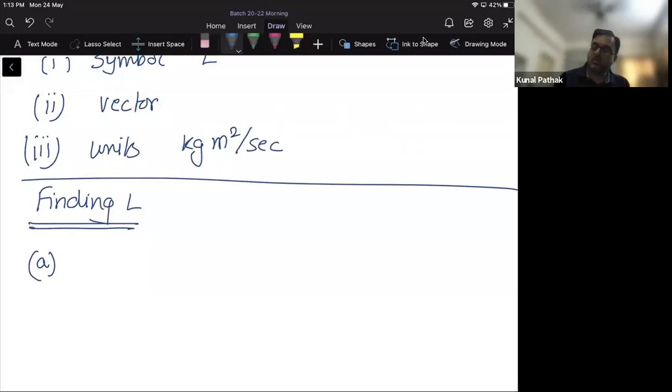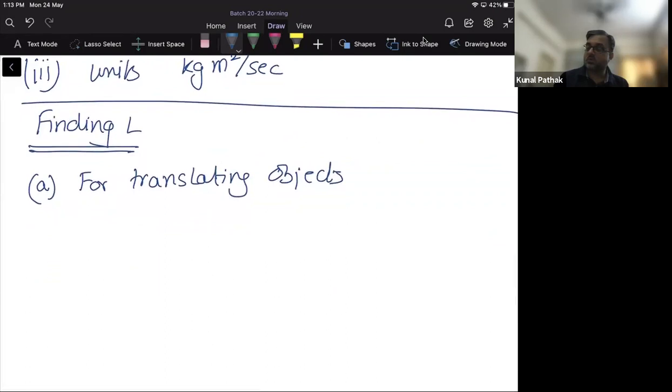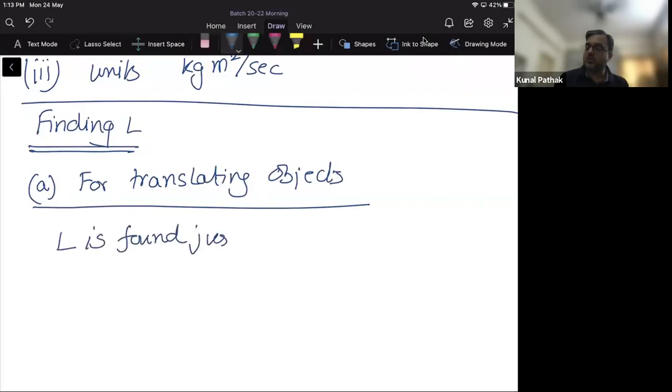Okay, so for translating objects, angular momentum is found just like torque. Okay.